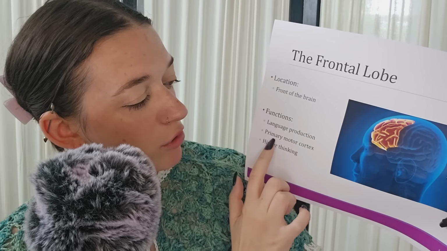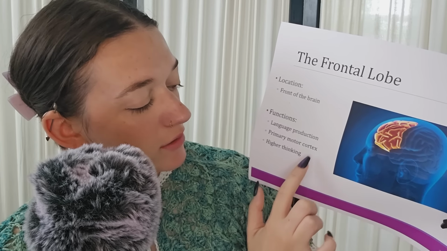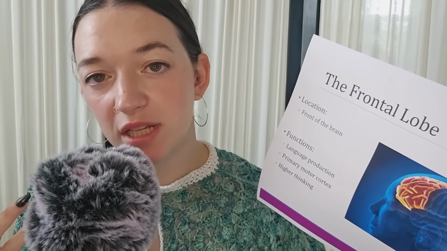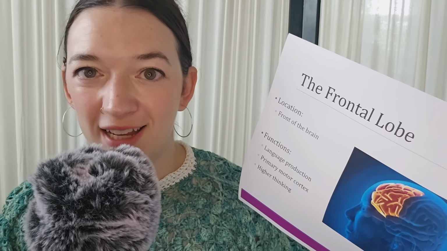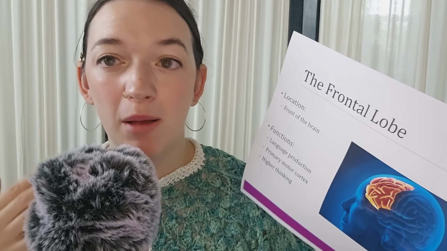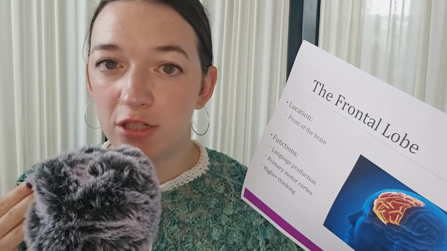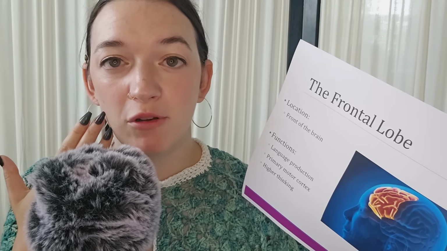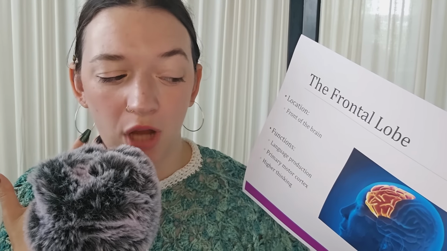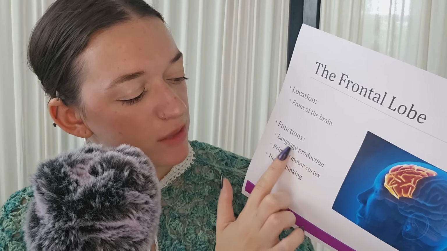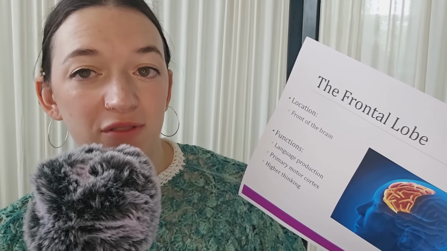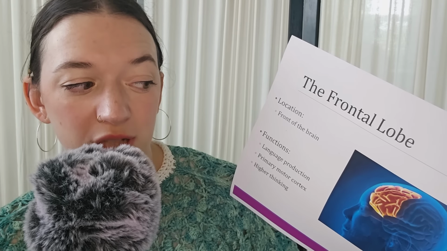It is our primary motor cortex, so it controls our motor functions, which includes things not just like walking, grabbing something, running up the stairs, but also the motor functions that go into language production, like moving your lips, your tongue, and other muscles along the vocal tract. It's also responsible for higher level thinking, which is of course very important for language production.